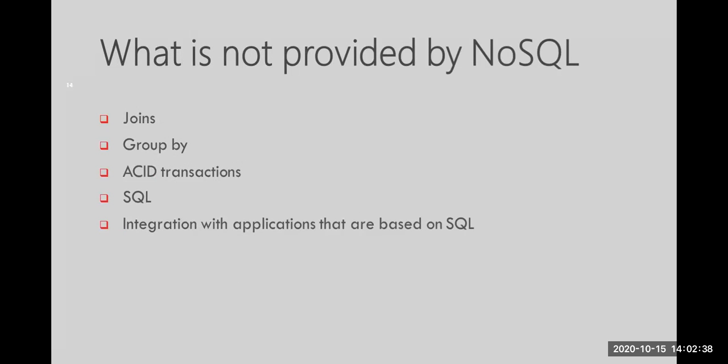Then what is not provided by NoSQL? What is not under the domain of NoSQL? We cannot have joins, we cannot have group by queries, we cannot have 100 percent ACID transactions.